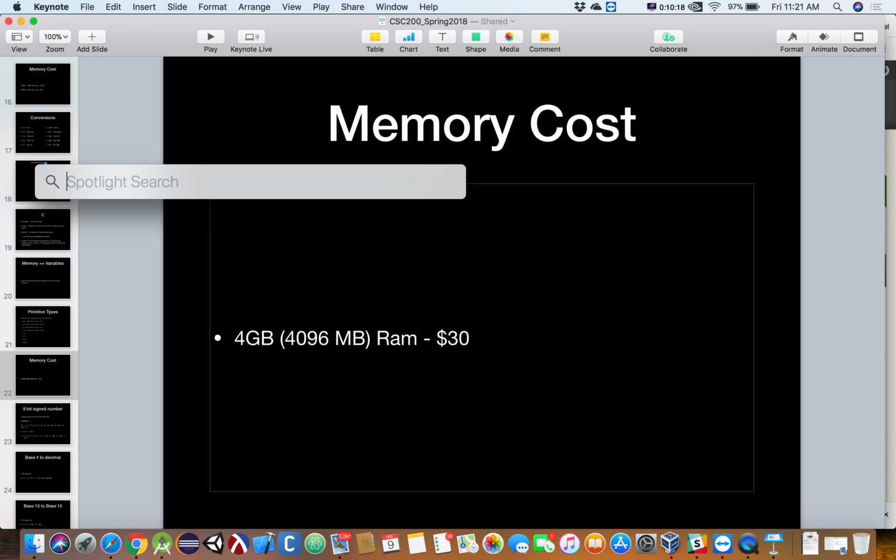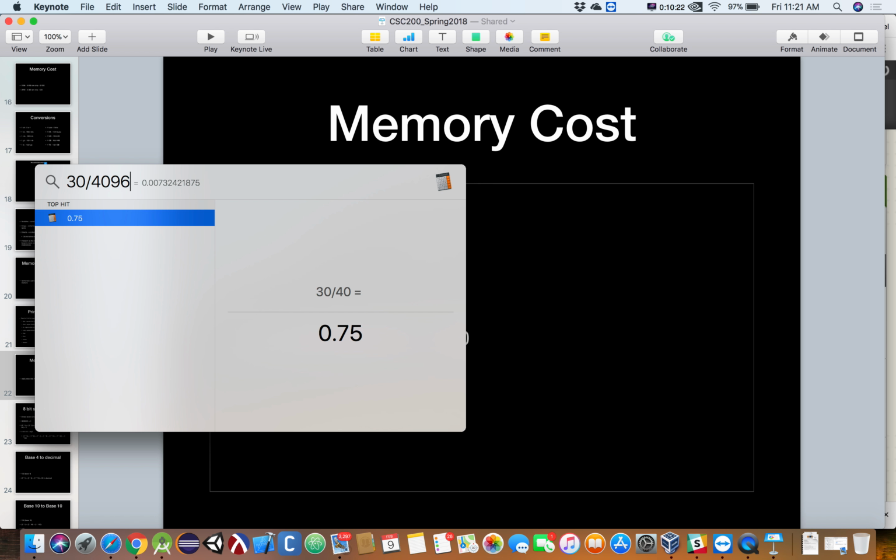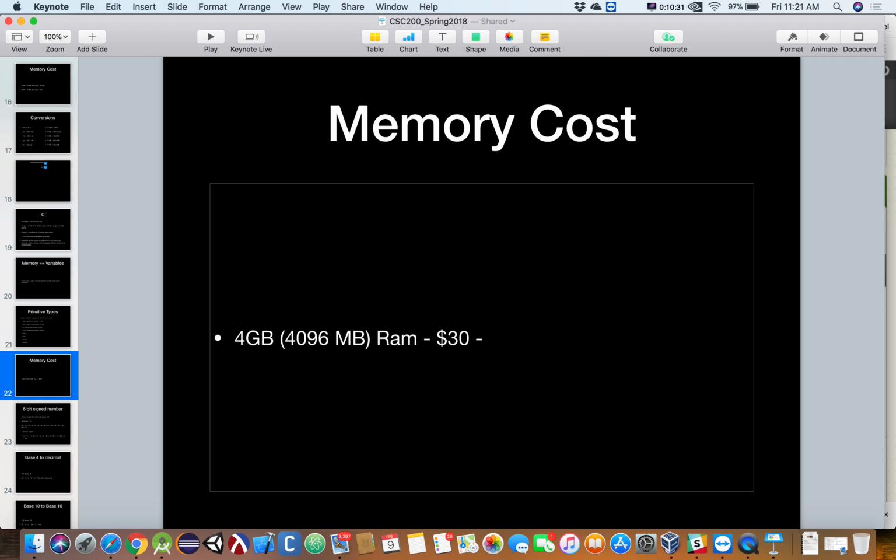So the cost per megabyte there is 30 divided by 4096, less than a penny: 0.7 cents per megabyte. Cheap? We call that cheap.